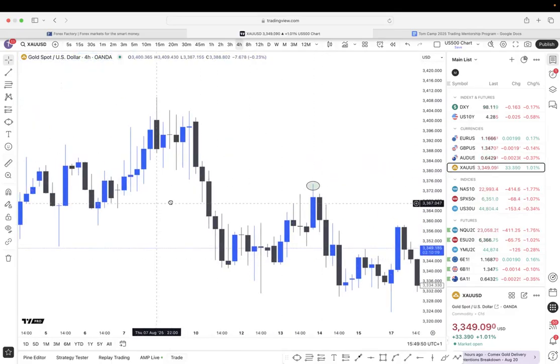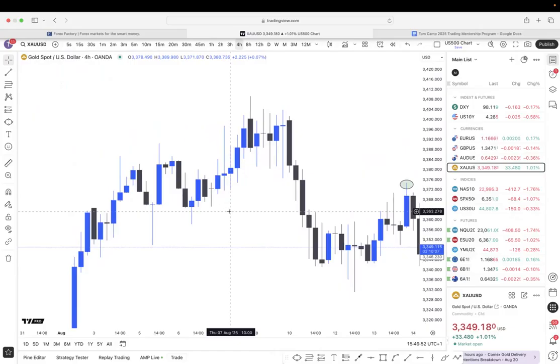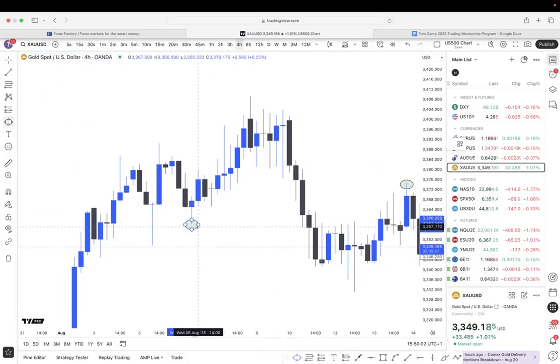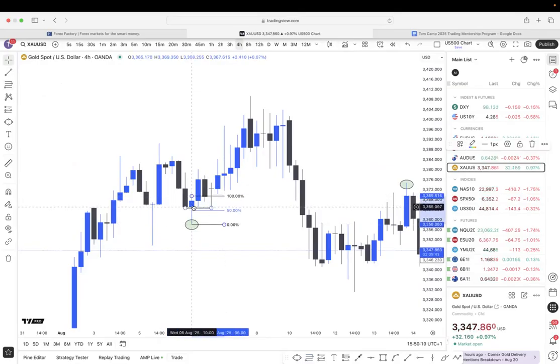This is the beauty of utilizing these specific candles, because you can anticipate what's likely to happen. You can see here we've got a low, and then this particular candle closed here, which was higher than this low. The next candle respected the upper half of this candle, pushed higher, and completely engulfed this candle and even this candle here.